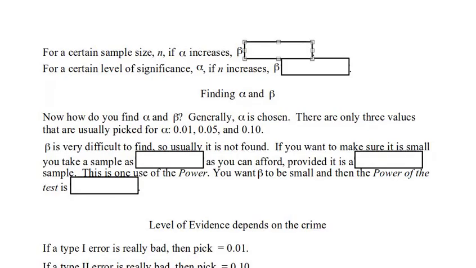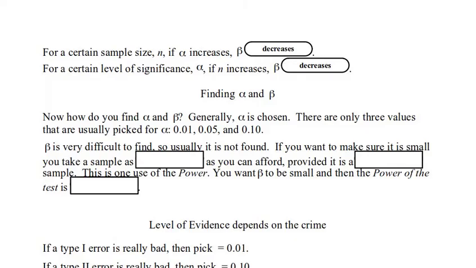For a certain sample size n, if alpha increases, beta decreases. And for a certain level of significance alpha, if n increases, that is, our sample gets bigger, then beta decreases. Now, how do you find alpha and beta? Generally, we choose alpha. There are only 3 values that are usually picked for alpha: 1%, 5%, or 10%.